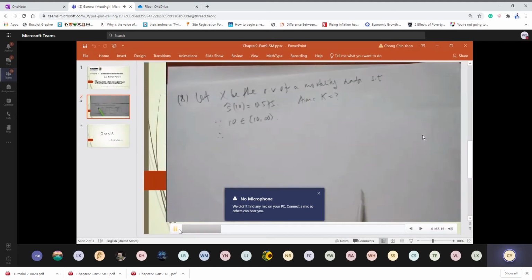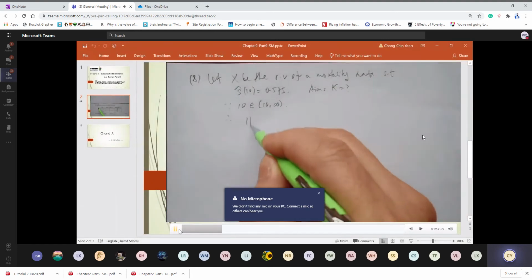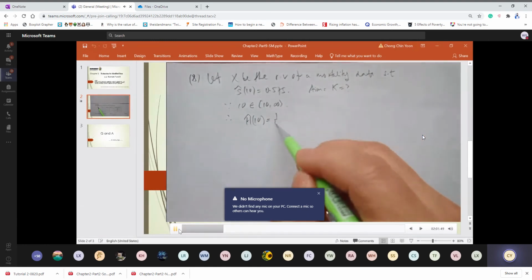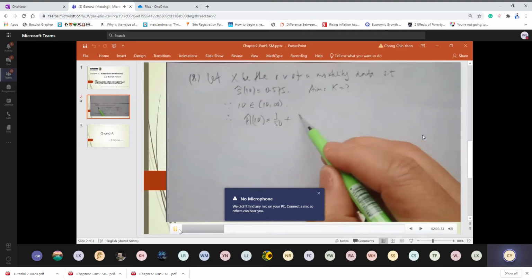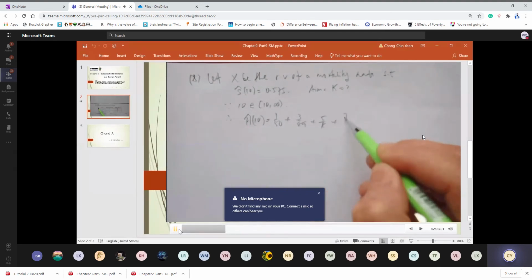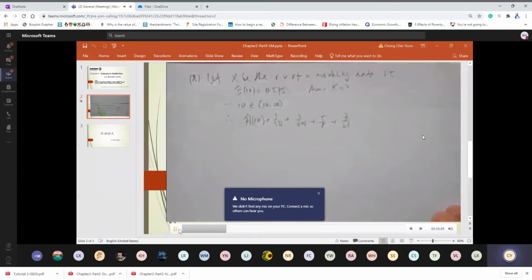So now calculate this cumulative hazard rate function at 10, which is equal to 1 over 50 plus 3 over 49, plus 5 over K, plus 7 over 21.